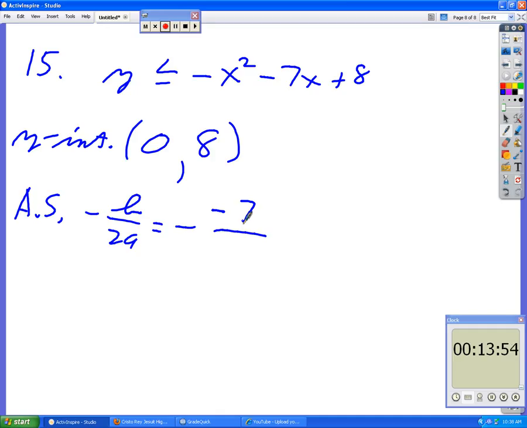Negative 1 times 2 is negative 2. The two negatives cancel, and then you pick a negative on the 7. So we still have a negative. So we have that x equals negative 7 halves. We're going to put that in the decimal. That's fine. 3.5.